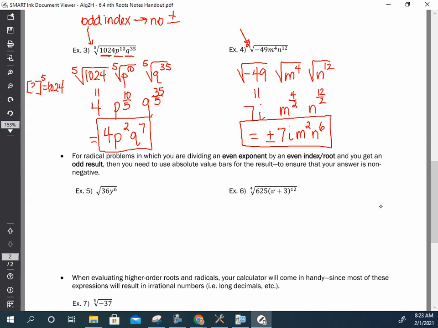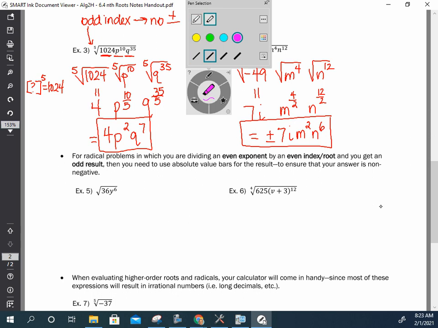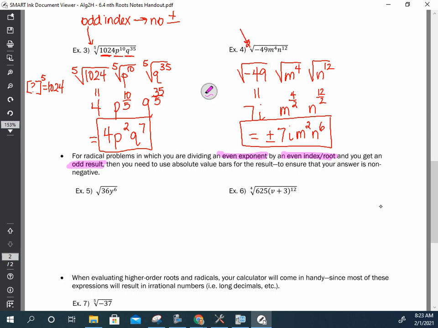So in this scenario, for radical problems in which you are dividing an even exponent, even index, and you get an odd result. Even exponent, even index, and you get an odd exponent.